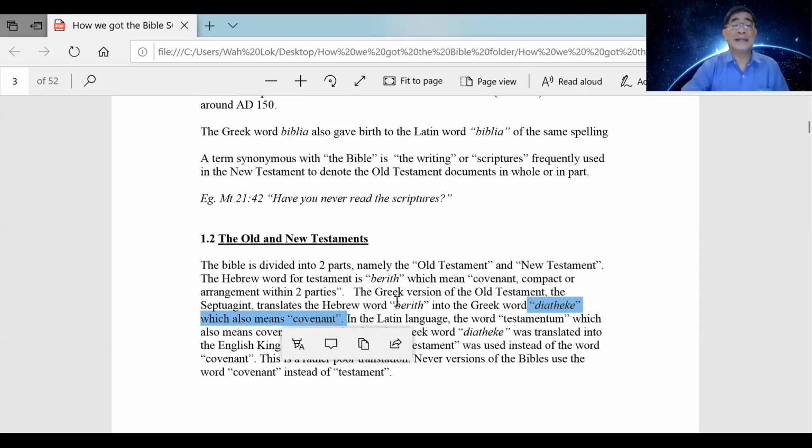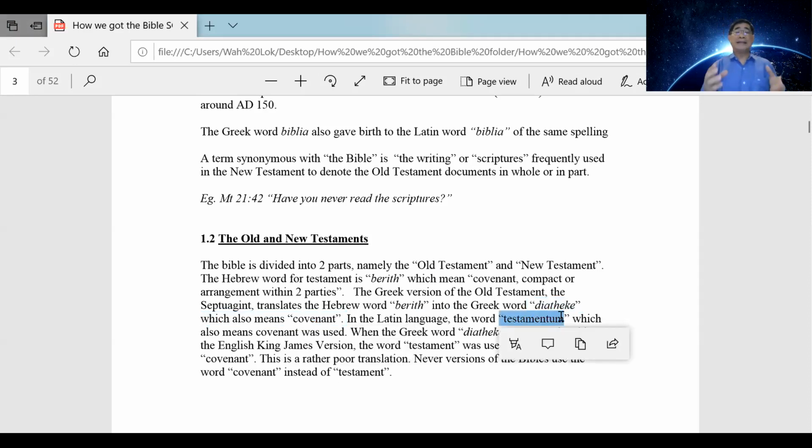Okay, so basically the Greek word diatheke, which means covenant, was translated into the Latin word testamentum. So it means covenant in Greek, and the Latin word testamentum also means covenant.